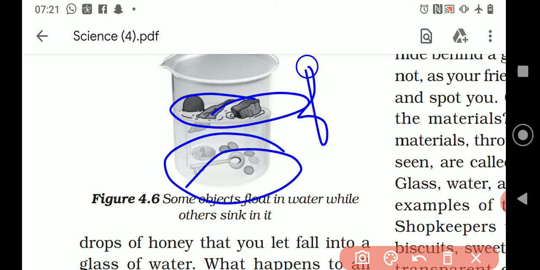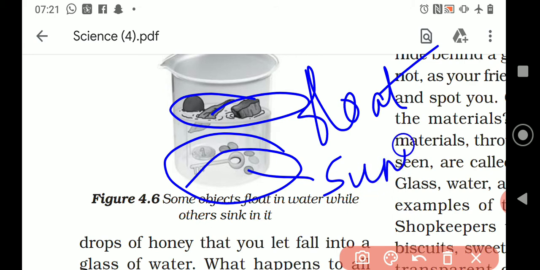So they are floating, and they are not floating, they have sunk. So some float and some sink. Here they floated and here they sunk. So we say some sink and some float. Here they have already sunk, so we say sunken.